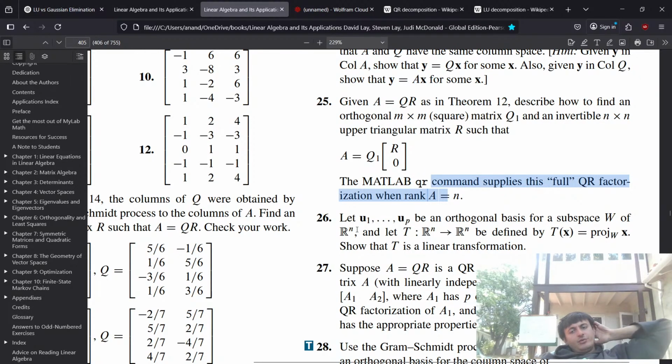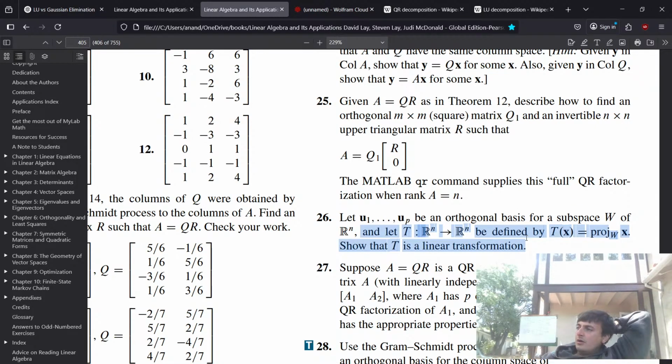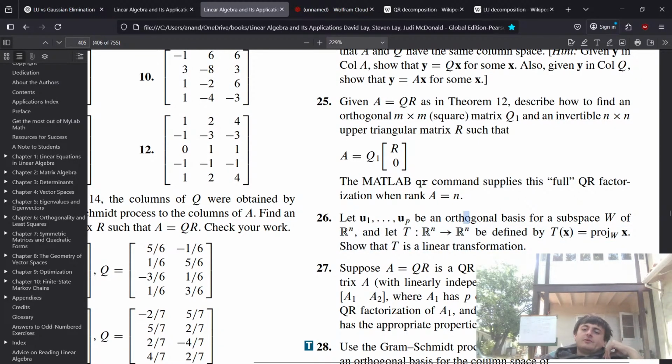Let U1 to UP be an orthogonal basis for subspace W, and let T be the projection; show that T is a linear transformation. All right, this one's easy. We don't need to do this one.